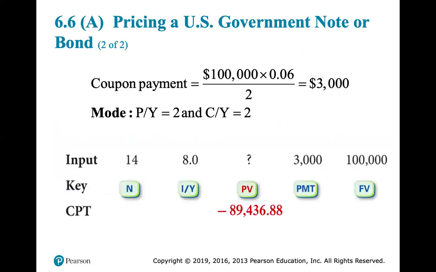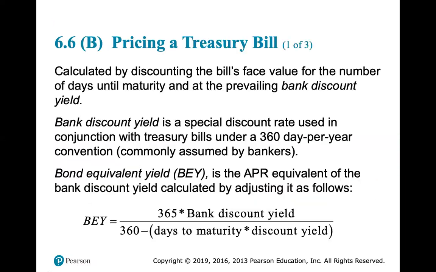Okay, that's what we did. Calculating by discounting the bill's face value for the number of days until the maturity and the prevailing bank discount. So bank discount yield is a special discount rate which is used in conjunction with treasury bills under 360 days per year, traditionally accepted and commonly assumed by bankers.